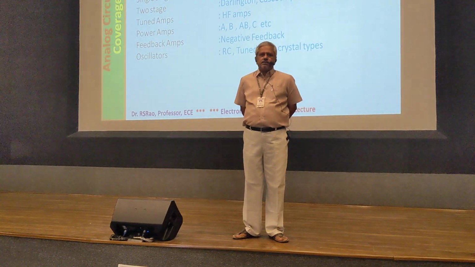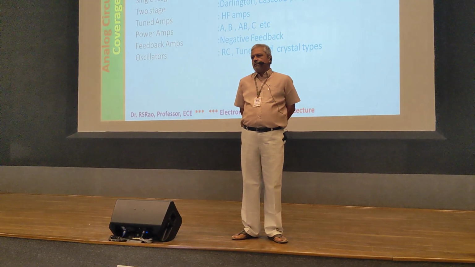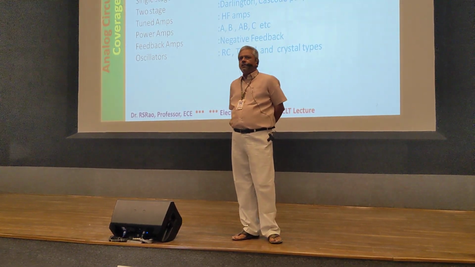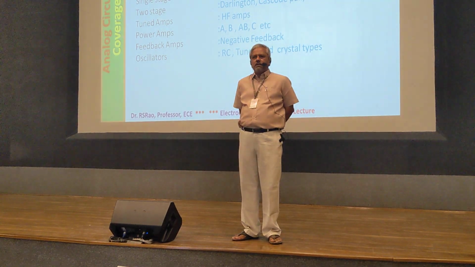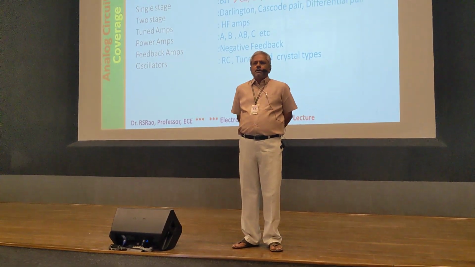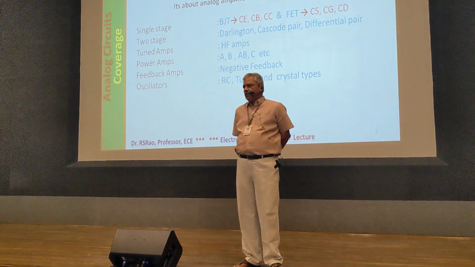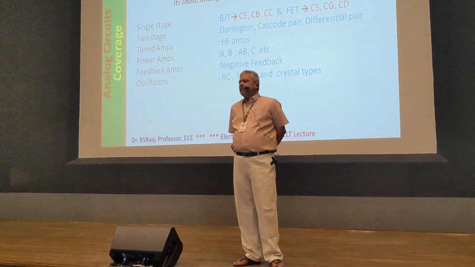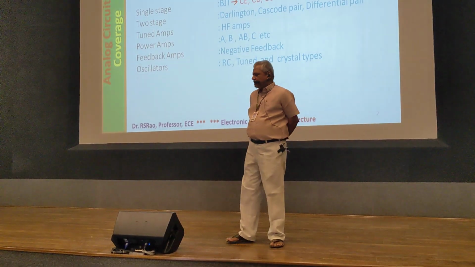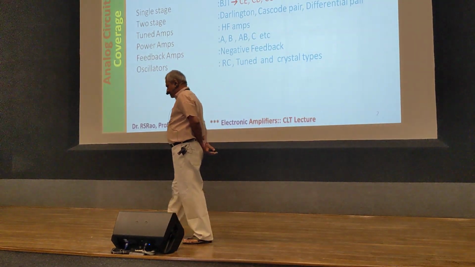Feedback is widely used in the stabilization of gain to arrest the performance deterioration due to temperature changes and the aging process and all that. So we use negative feedback. Two types of feedback are there: positive feedback, negative feedback. We hardly use positive feedback.